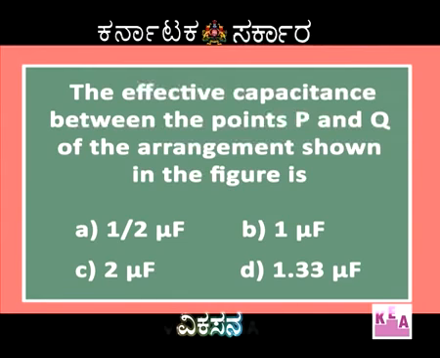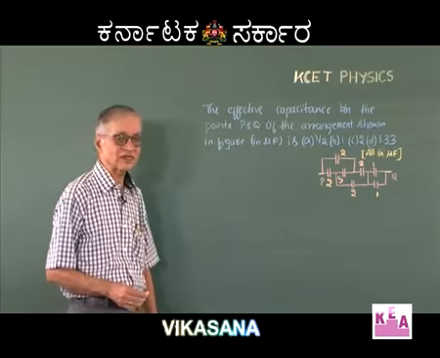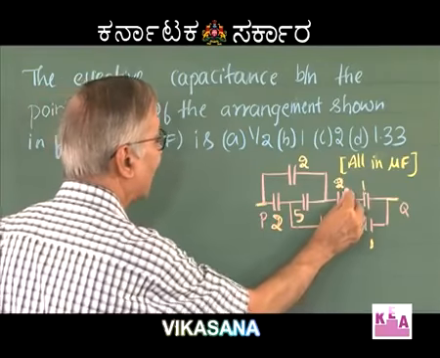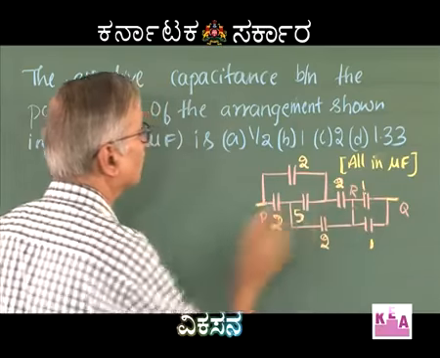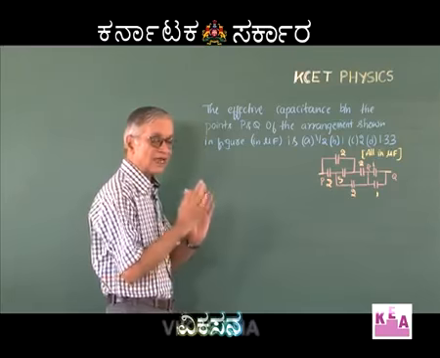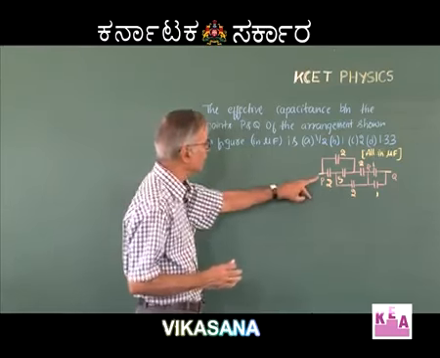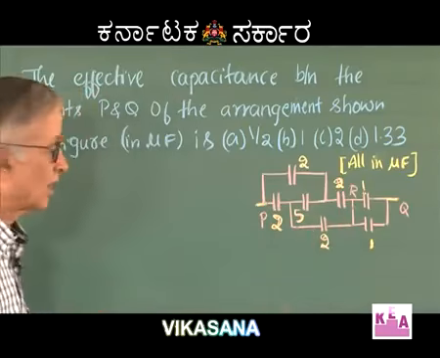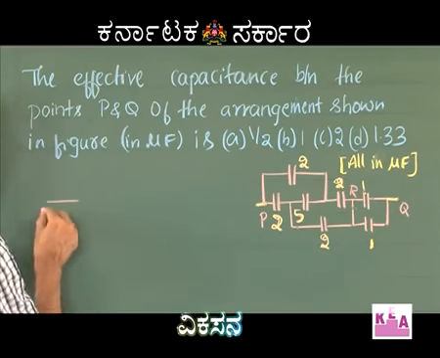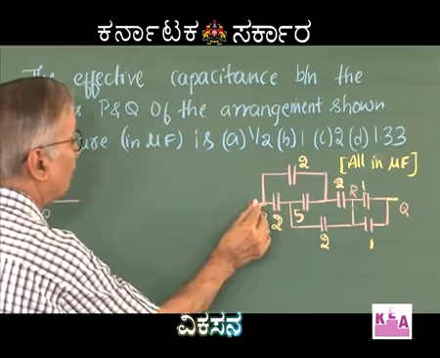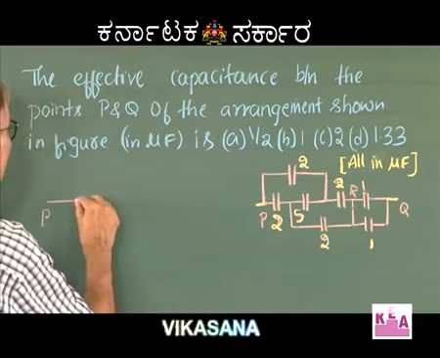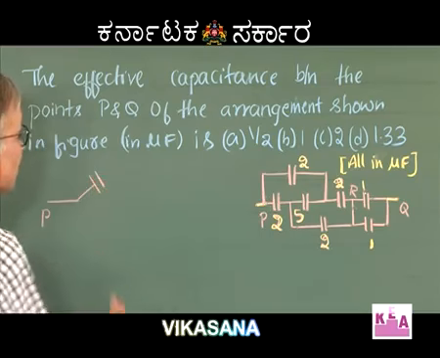I want you to concentrate over the circuit. Let me consider P and another point as R over here. Then you can notice, let me now consider only the circuit between P and R. This is P. P is connected to the capacity over here. This is one capacity.